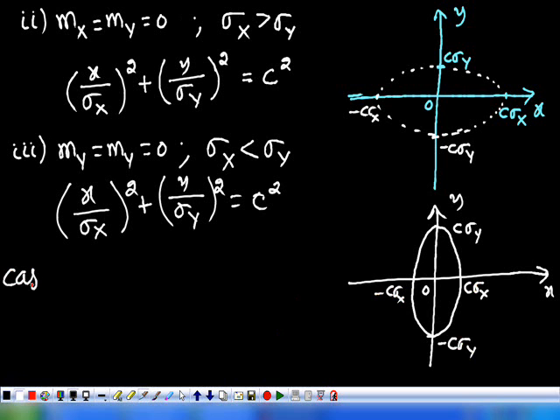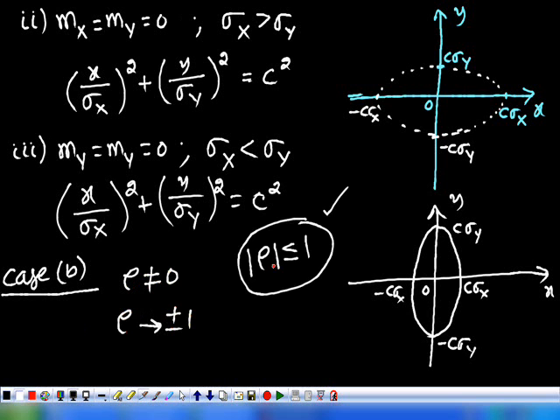Now, in case 2, case B, we let rho is not equivalent to 0. So here when rho is not equivalent to 0, we consider rho tends to plus or minus 1.